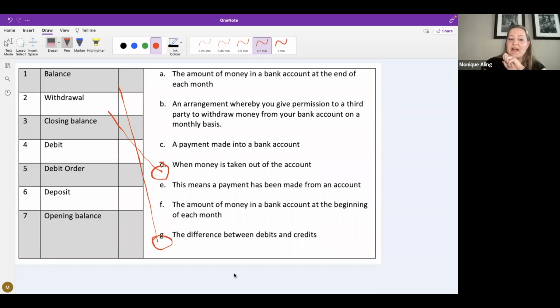Debits. This one might be a little bit tricky. Oh, there's a bit of conflict on this one. Got some different answers.